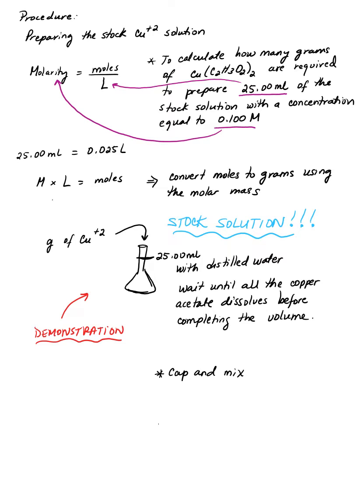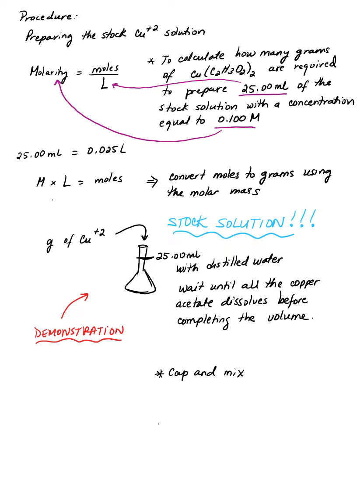As part of your procedure, the first thing that you have to do is to find out how much copper acetate you need in order to prepare 25 milliliters of a solution that has a concentration equal to 0.1, and that's molar concentration.